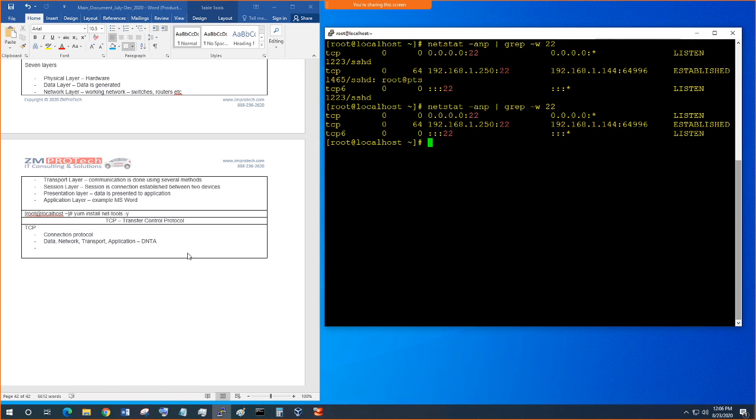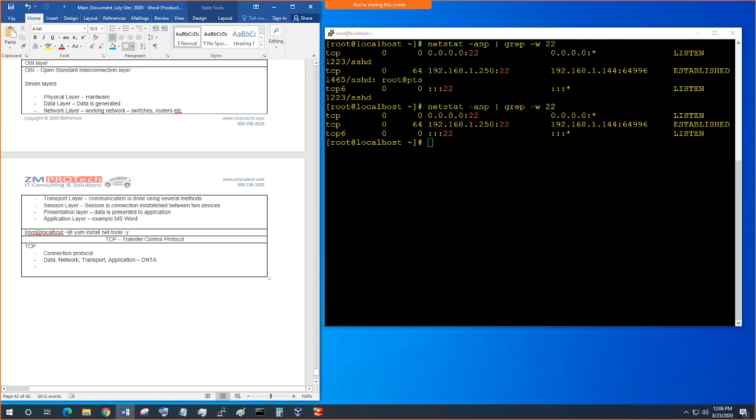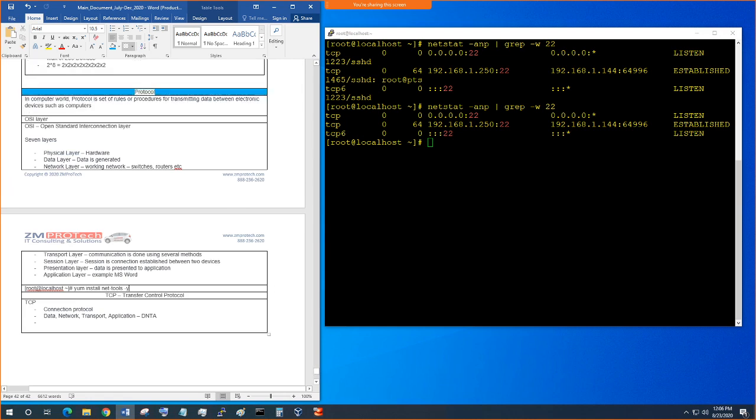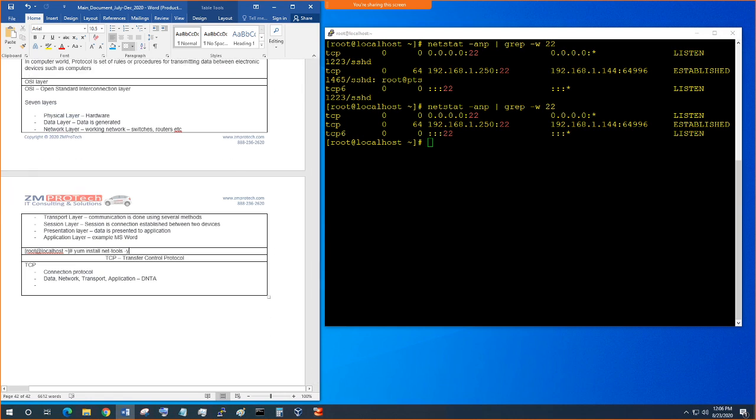There are a lot of protocols out there, but in the Linux environment you are worried about TCP and UDP. We'll just worry about TCP for now, okay? I'll show you what TCP means.